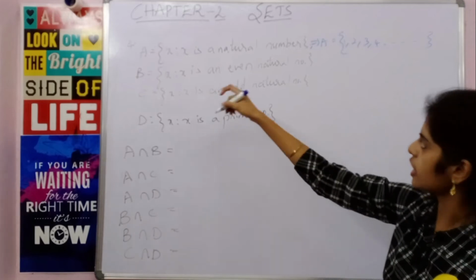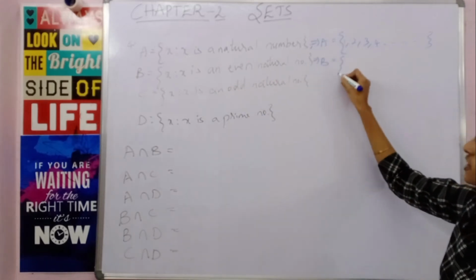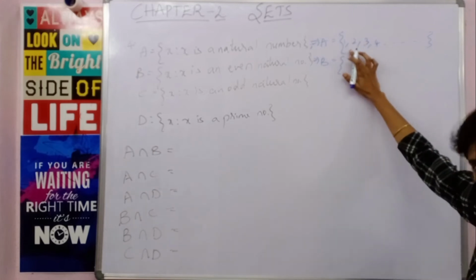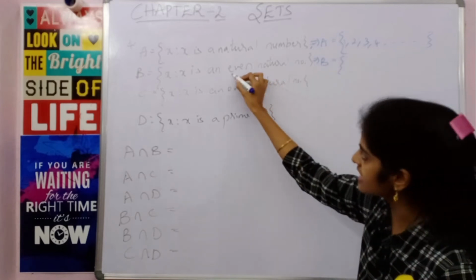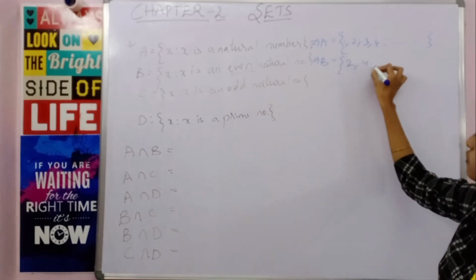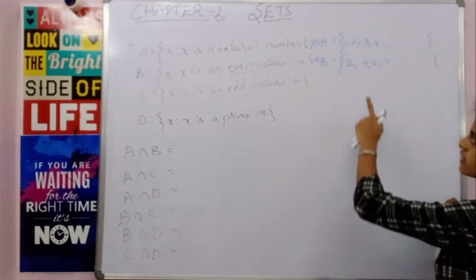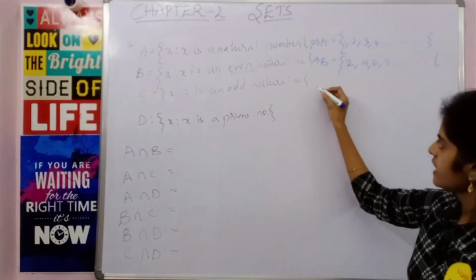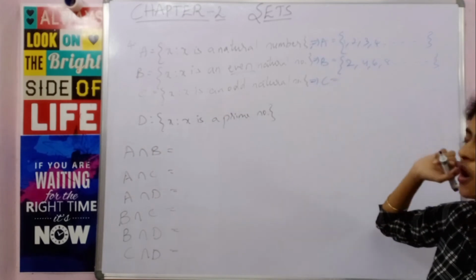Now B is a set containing elements where X is an even natural number. Since X is a natural number, it starts from 1, 2 and it is even. So it is 2, 4, 6, 8 and so on are elements of B. They are even numbers. Now C is a set containing X such that X is an odd natural number.